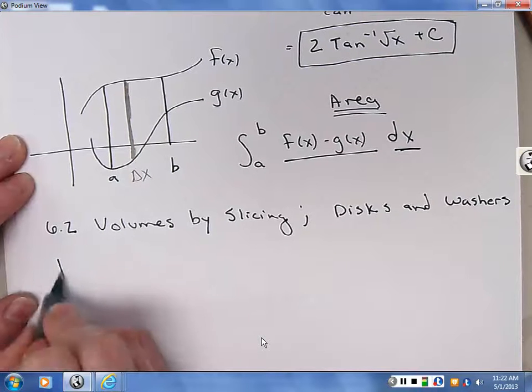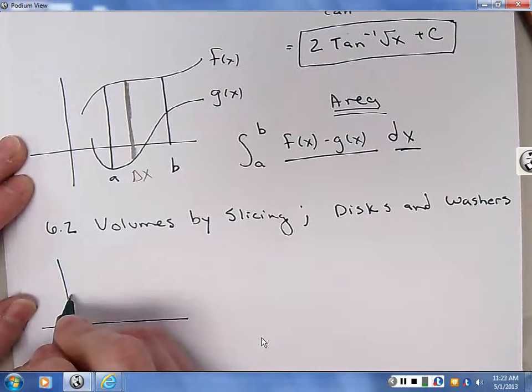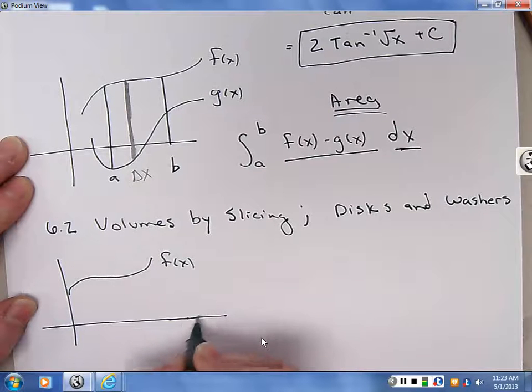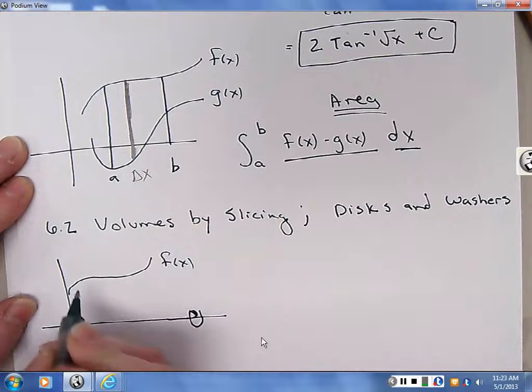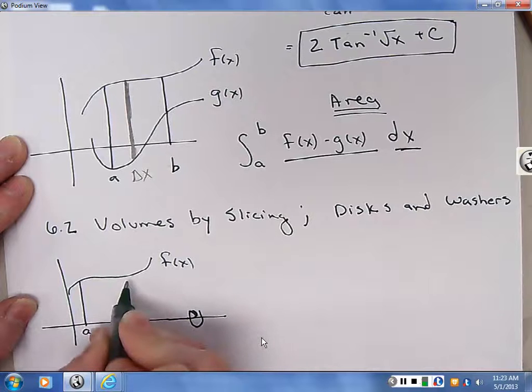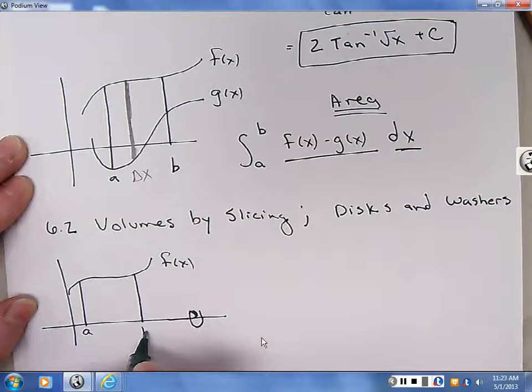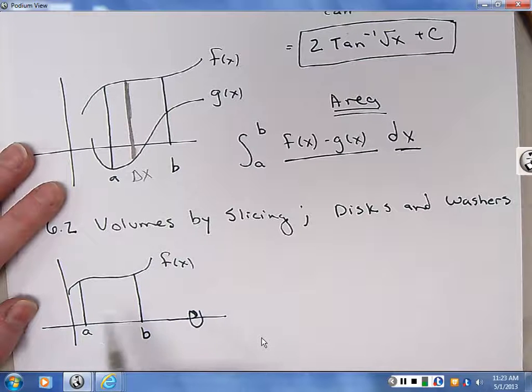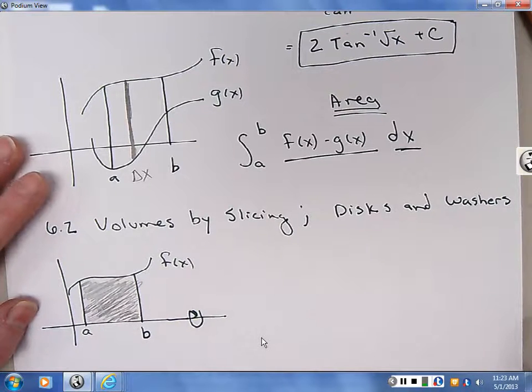So let's first just look at the disc method. If I have a function f of x, let's say I rotate this about the x-axis from the bounds a to b. If I take this area and rotate that about the x-axis, everyone agrees that I would have a volume.